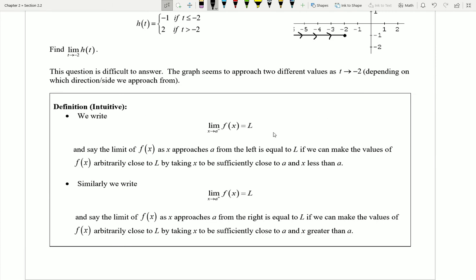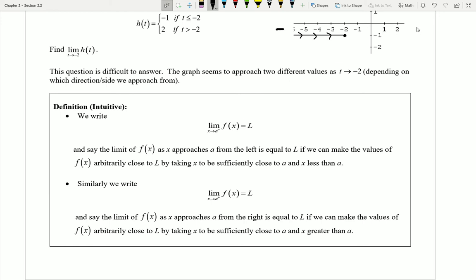We will write the limit of a function f of x as x approaches a, and notice here I have a little negative sign. This little tiny negative sign up there is going to signify this side of the number line. That is, I'm coming out of the negatives as I move towards a value. So it's coming from the left.